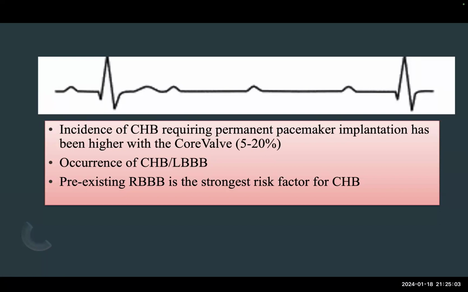I need to ask, if there is a paravalvular leak, what to do with this situation? Inside the lab or outside the lab? If it is inside the lab, if it is mild, if it's trivial, I'll leave it. If it is mild, I'll do balloon dilatation.